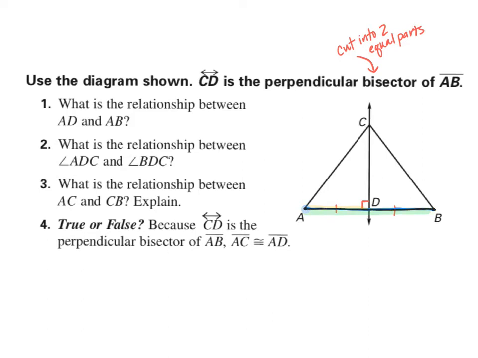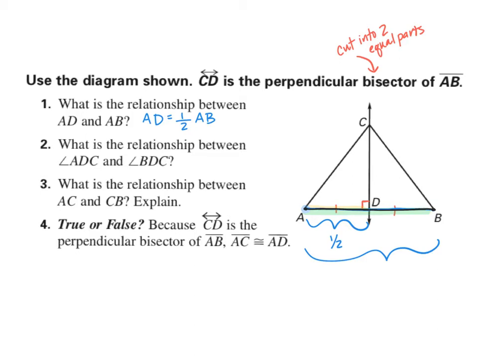So when we're asked about the relationship between AD and AB, well, we know that AD makes up 1/2 of AB. So this section here is 1/2 of this whole section here. Now let's look at the next question.